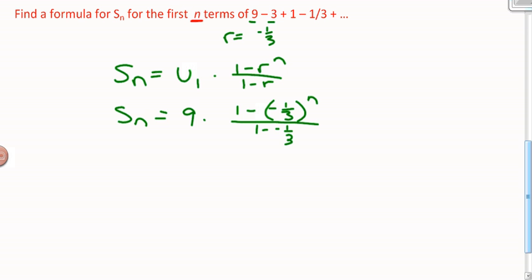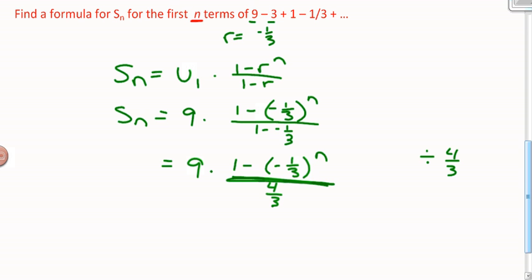So now I just have to simplify down. Remember, you can't have fractions within fractions. That's not simplified. So this is 9 times 1 minus negative 1/3 to the n over, so 1 minus negative 1/3 is positive 4/3. This is dividing. Dividing by 4/3 is the same thing as multiplying by 3/4.